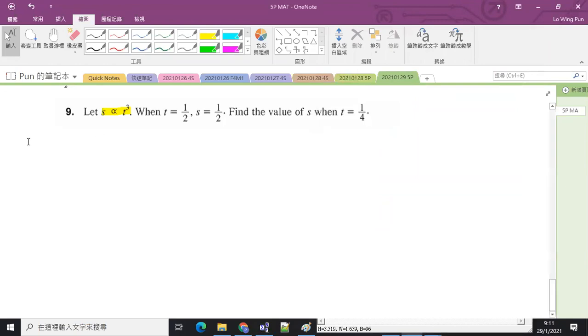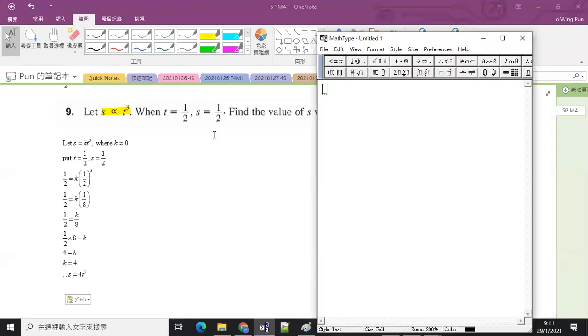So that is the first part we need to do first. But the question is not asking us to find this equation. The question is asking us to find the value of S when t is equal to 1 over 4. So when t is equal to 1 over 4, you just put it into our equation. S is calculated by 4 times 1 over 4 to the power 3.